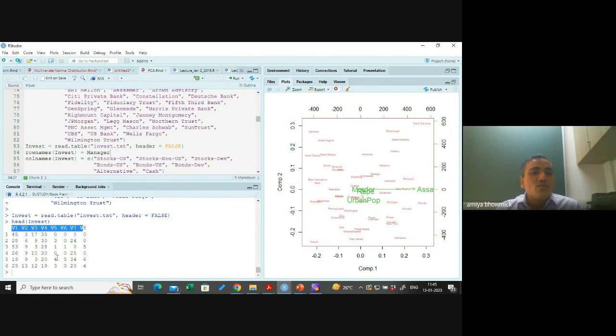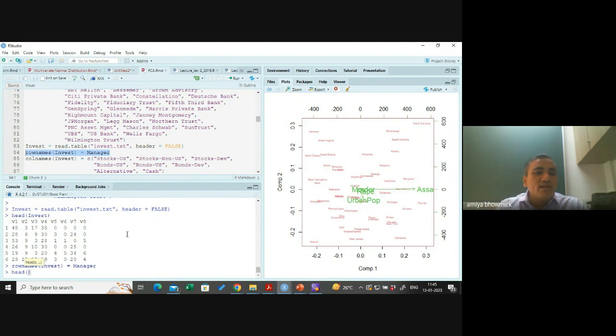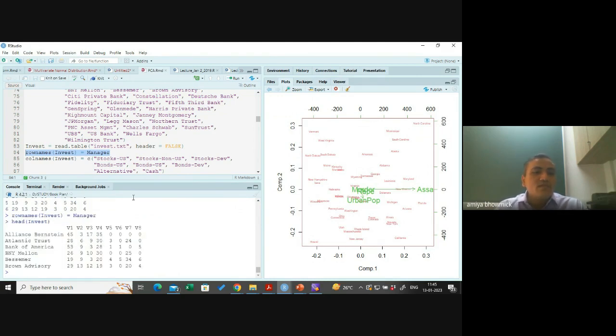So this is the complete raw data that has been given to you. In the original code, I have put the row names over here. I can take the row names and print some values from there. You see that the first row corresponds to this company, and the third row corresponds to Bank of America.